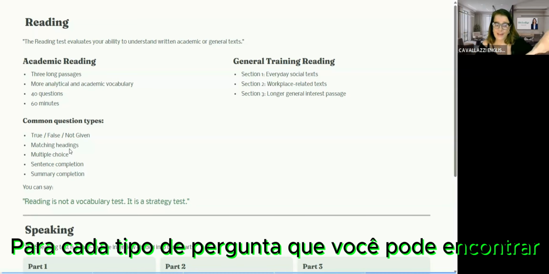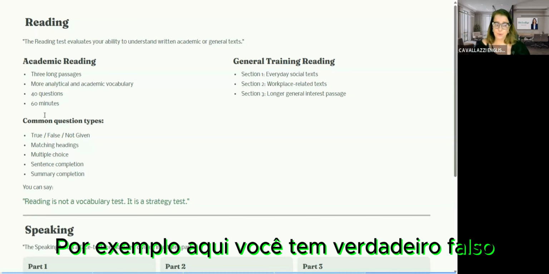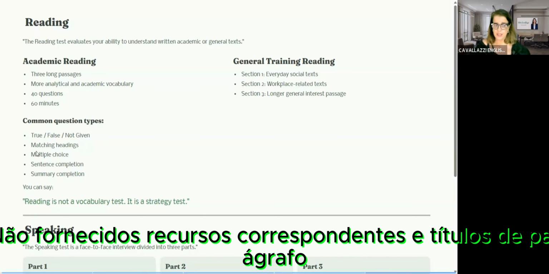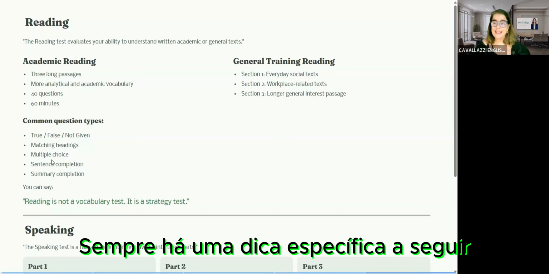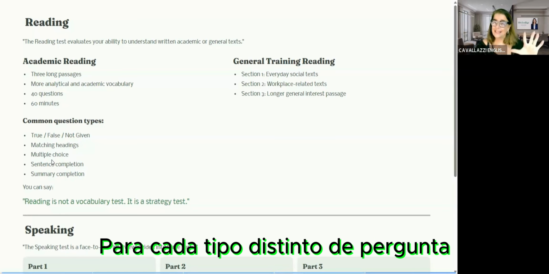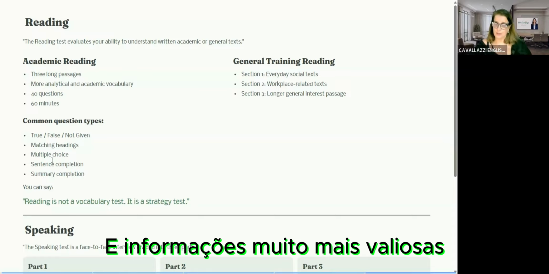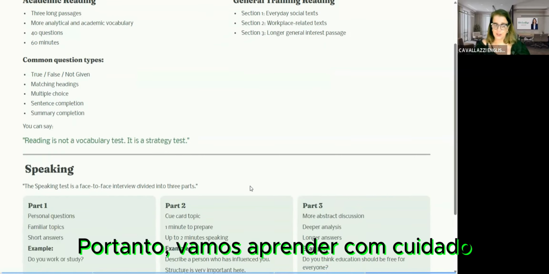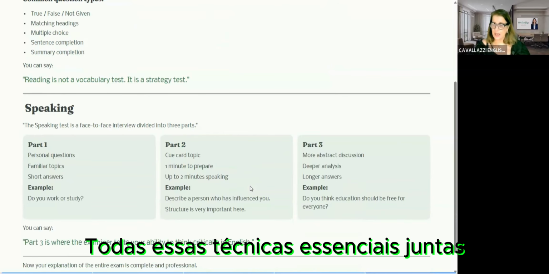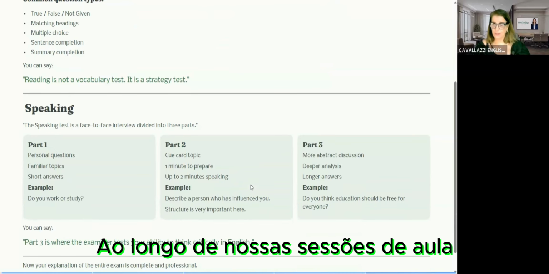For every single type of question you might encounter, for example, true, false, not given, matching features, and paragraph headings, there is always a specific tip to follow. For each distinct type of question, there are helpful tips, common traps to avoid, and so much more valuable information. Therefore, we are going to carefully learn all of these essential techniques together throughout our class sessions.